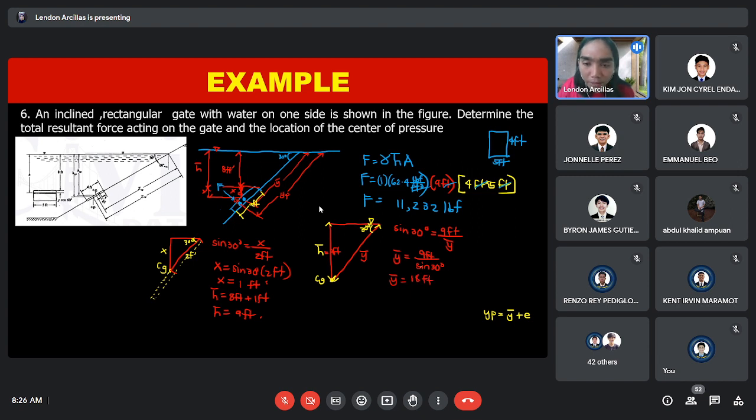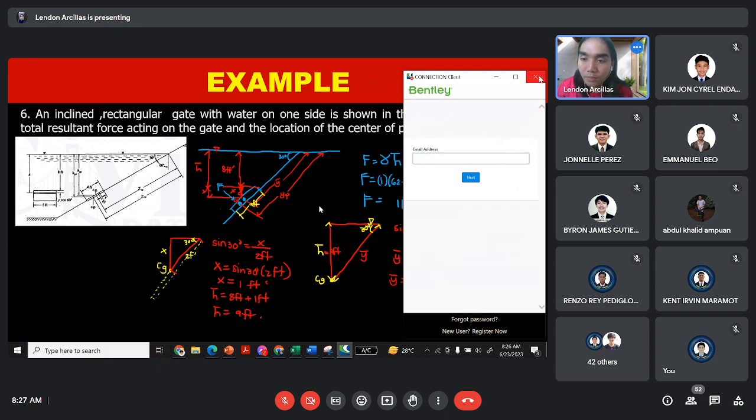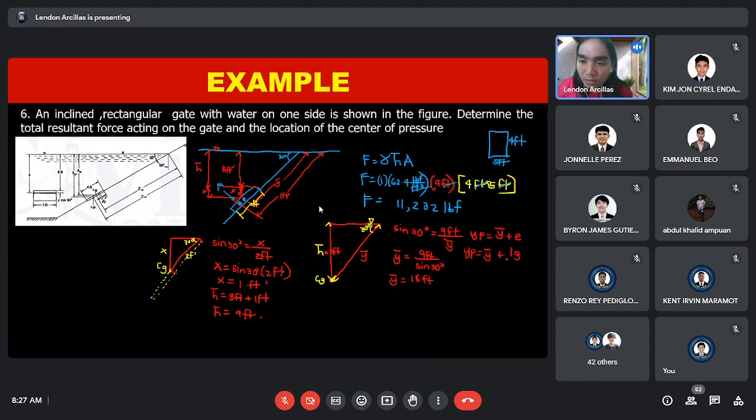Next, yp is equal to y bar plus e, where e, dito natin isusulat para mas malaki. Yp is equal to y bar plus e, where e is equal to ig over area times y bar.